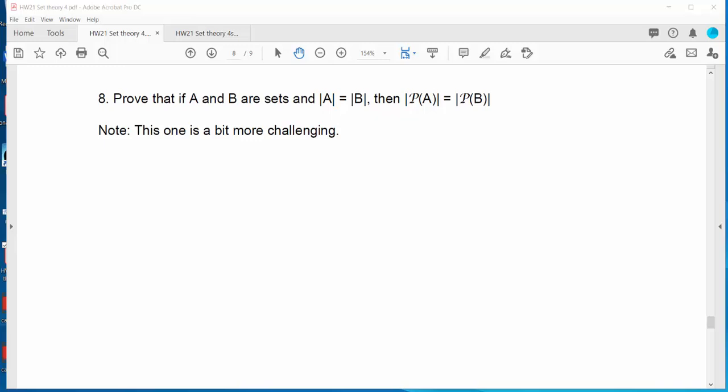Okay, so 8 and 9 are a little less straightforward, though they seem, when you look at them, to be sort of obvious, and it's frustrating that they're not easy to prove.